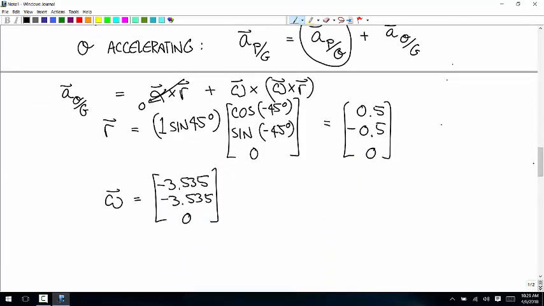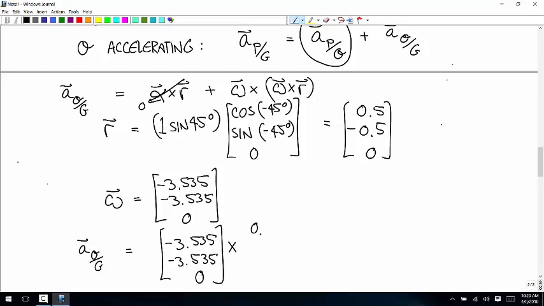And so the acceleration of the origin relative to the ground is negative 3.535, negative 3.535, 0, crossed with the r vector, 0.5, negative 0.5, 0. I forgot one, sorry.